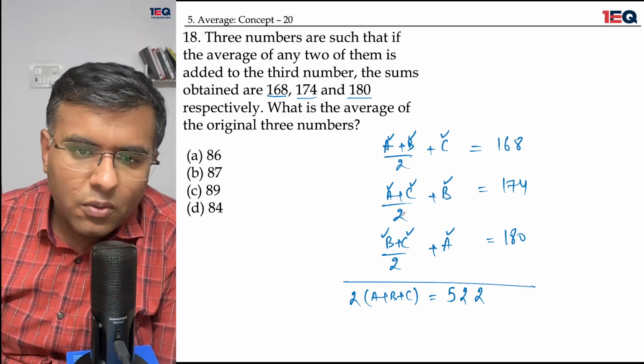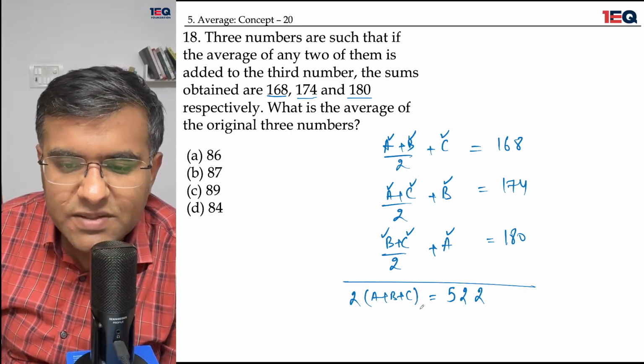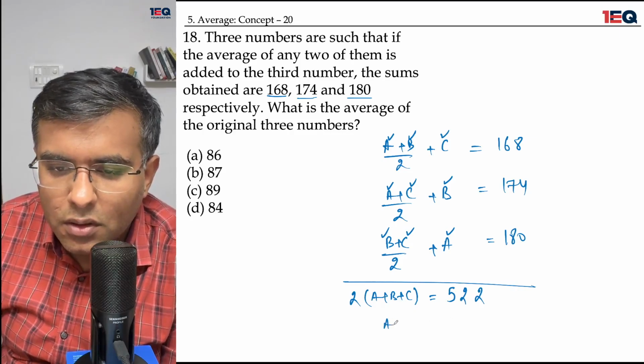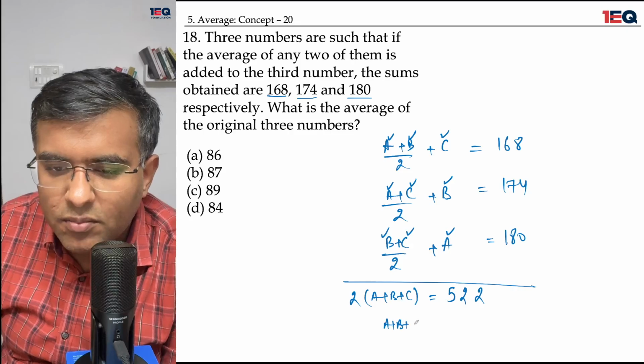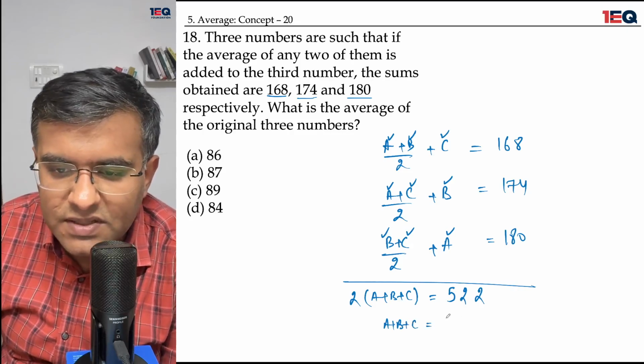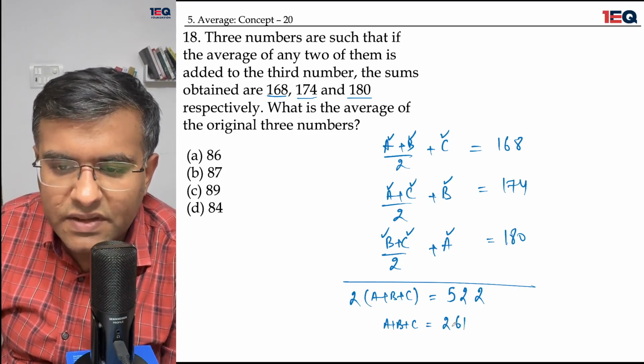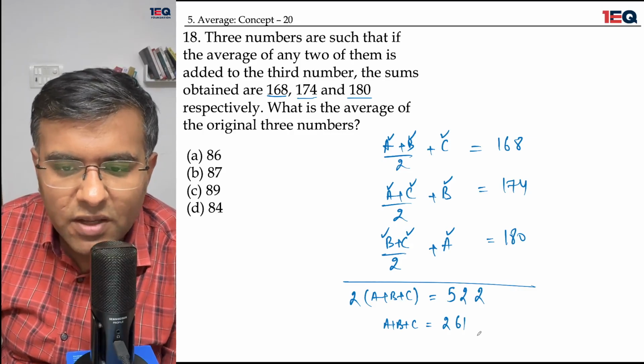Now I need to find out A plus B plus C upon 3. So I'll first take the 2 here. A plus B plus C. The value of A plus B plus C comes out to be 261. Okay, 6, 7, 8, 9. Yeah, 261. So I have A plus B plus C over here.